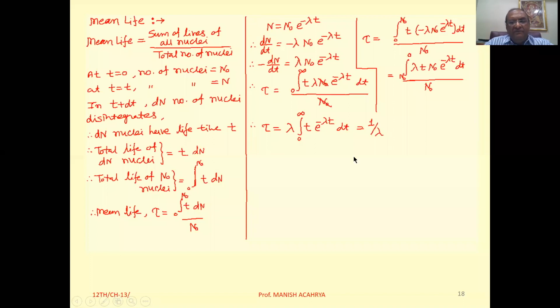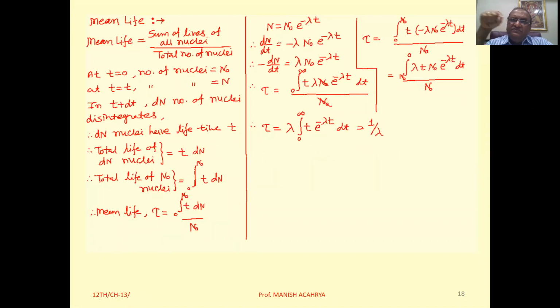Mean life. Now, mean life of any element, that is the summation of the lives of all nuclei divided by total number of nuclei. That is the mean or average life.